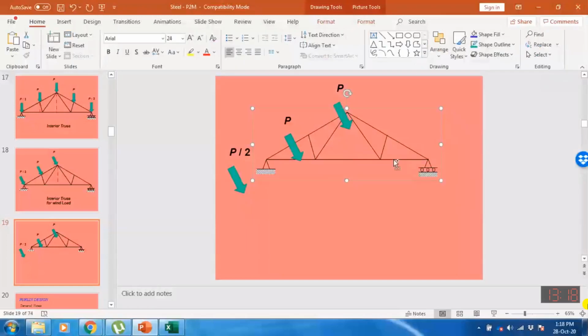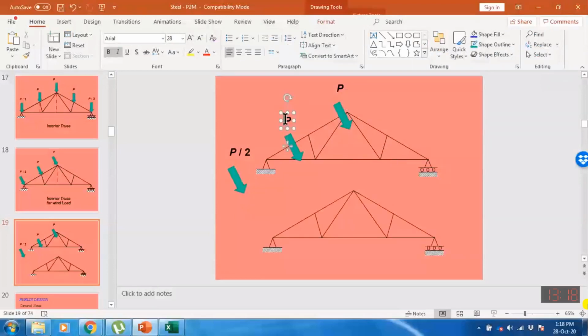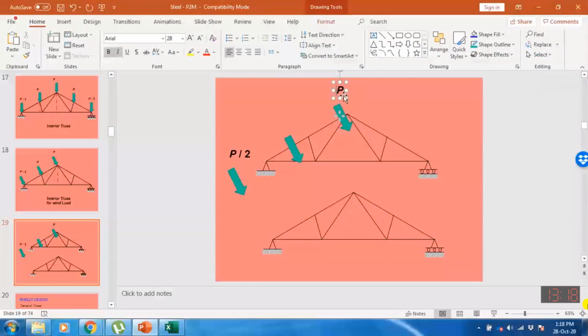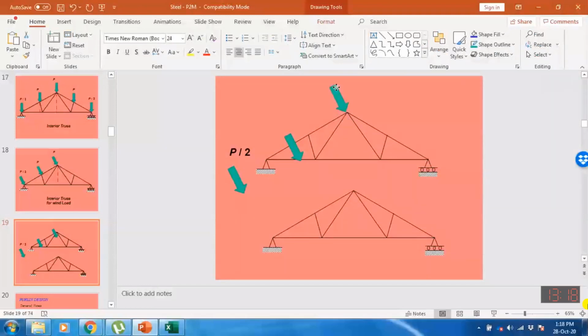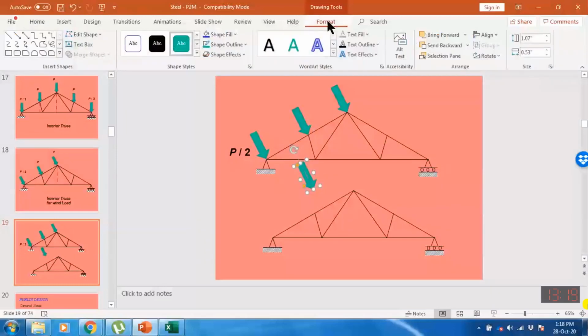So let me delete this panel load. Okay, here I'm having two cases side by side.